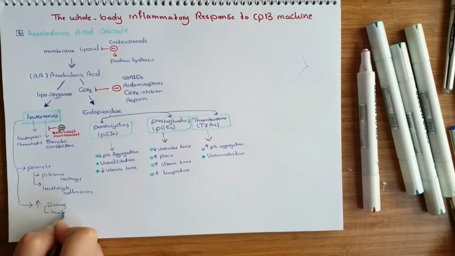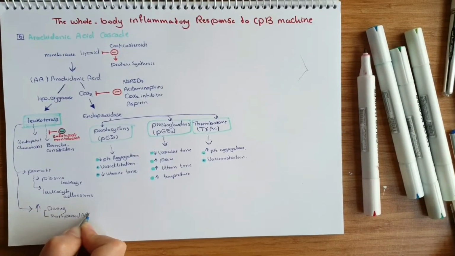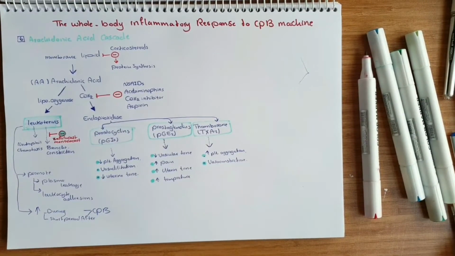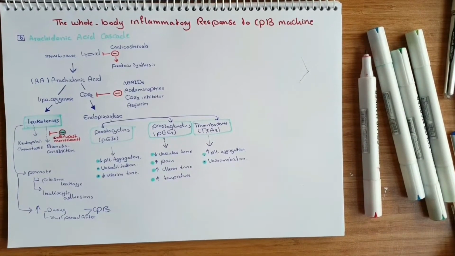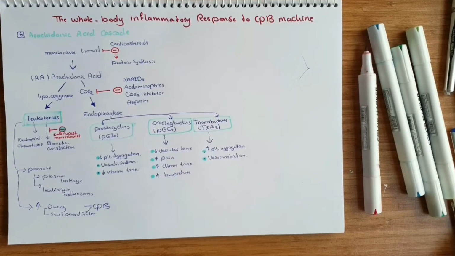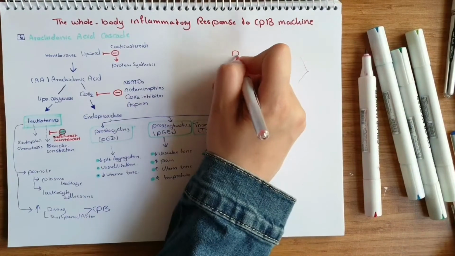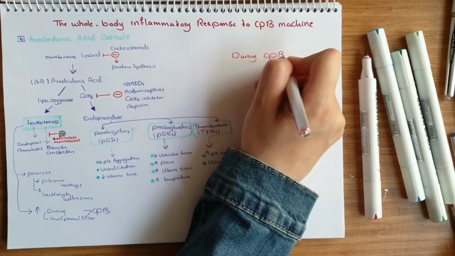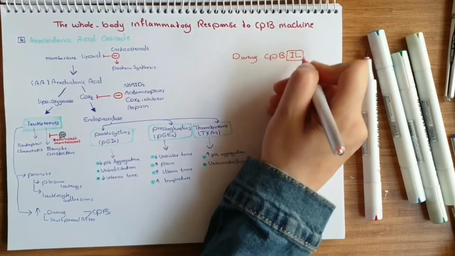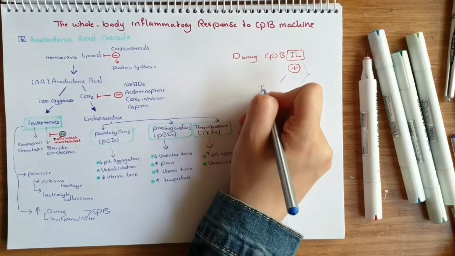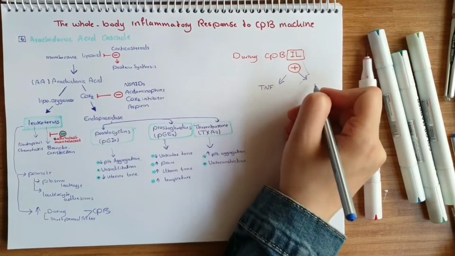When there is an increase in leukotriene, there will be more inflammatory response and more cytokines produced, including interleukins. Interleukins promote more inflammatory response, and that will stimulate the tumor necrosis factor and the leukocyte adhesion molecules.